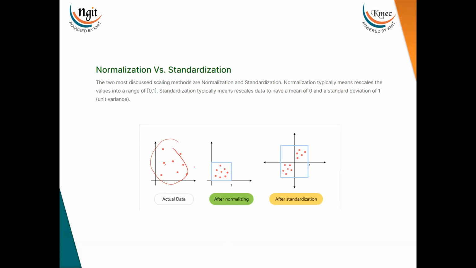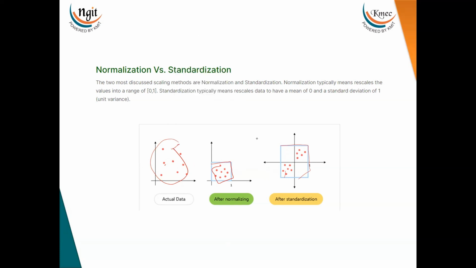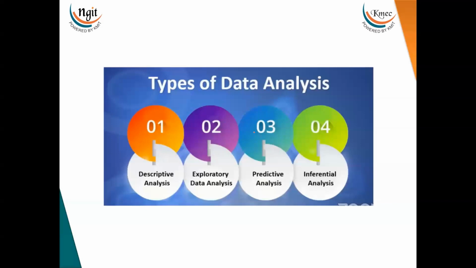Once you do normalization, it will come into one particular range. And if you do standardization, the data set will look like this. So at least a few data sets require normalization and standardization to get accurate results from a machine learning model.